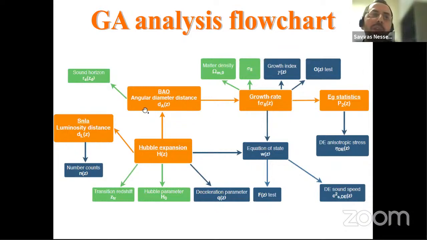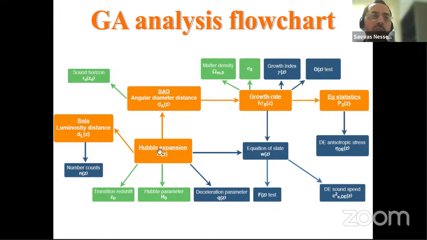And what we can do is, as I said, we have all of these kinds of data like type 1a supernovae, BAO, Hubble expansion, cosmic chronometer data, growth, EG statistics. And in a paper with my student Ruben, we mapped out all the possible kinds of information we can squeeze out of the data. So for example, from the baryon acoustic oscillations, from the BAO data, we can get a model independent estimate of the sound horizon at the drag redshift.